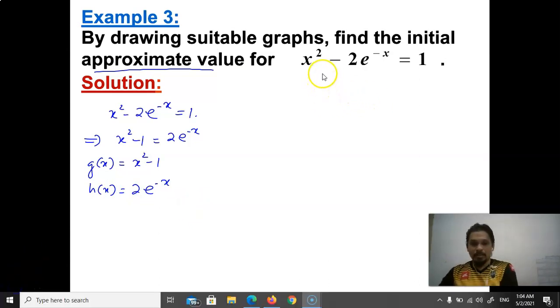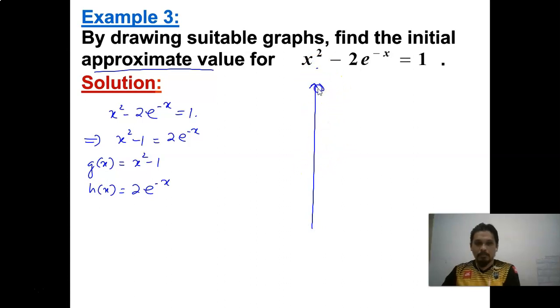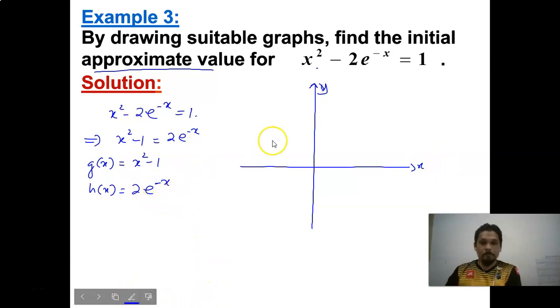Again, sketch the y-axis and also the x-axis. The first one here now, 2e power of negative x. Please refresh our memories about sketching a graph of an exponential in chapter 5, functions and graphs in semester 1.